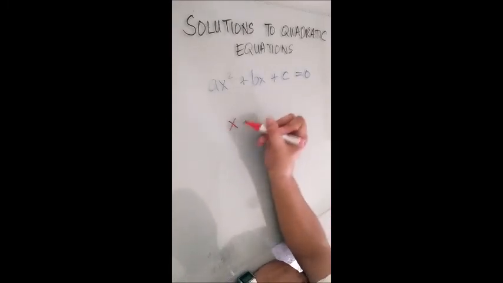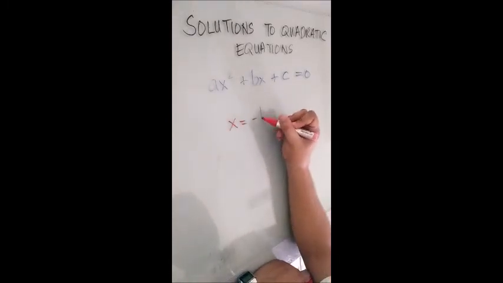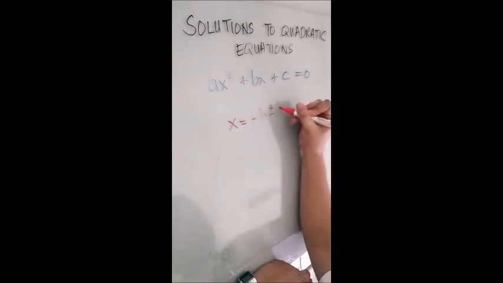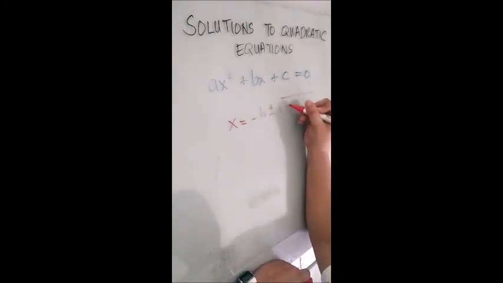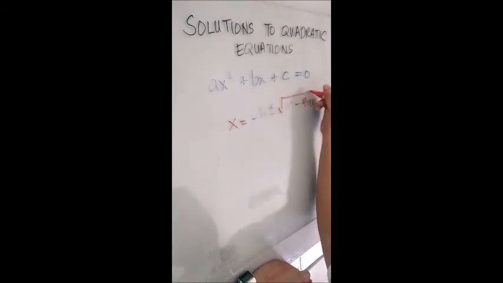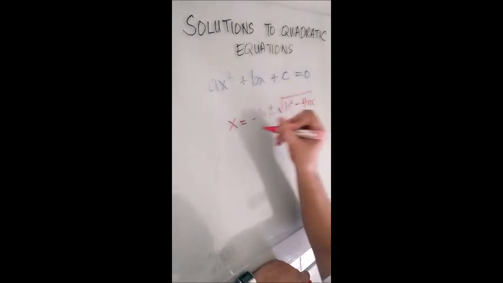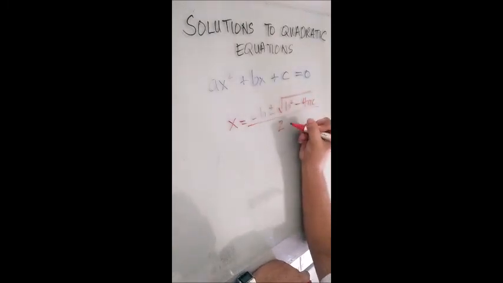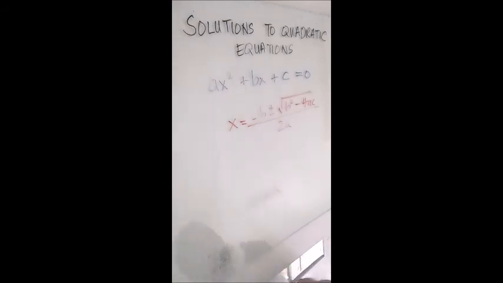We have x is equal to negative b plus or minus the square root of b squared minus 4ac, all over 2a. So this is the quadratic formula.